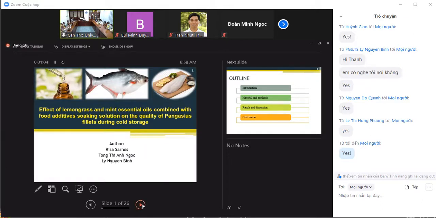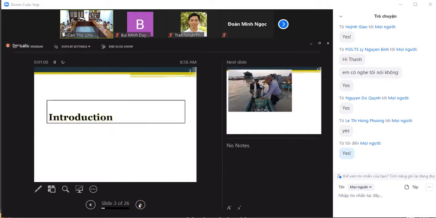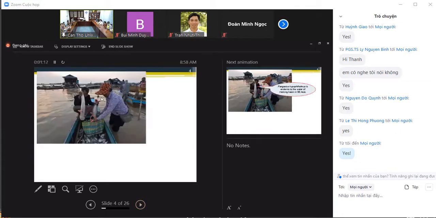So let's start today. First, let me introduce the fish. If you live in Vietnam or in Southeast Asia, you must be familiar with this fish. In Vietnam it is usually called cá tra, or Pangasius hypophthalmus, which is a fish endemic to the waters of the Mekong Basin in Southeast Asia.